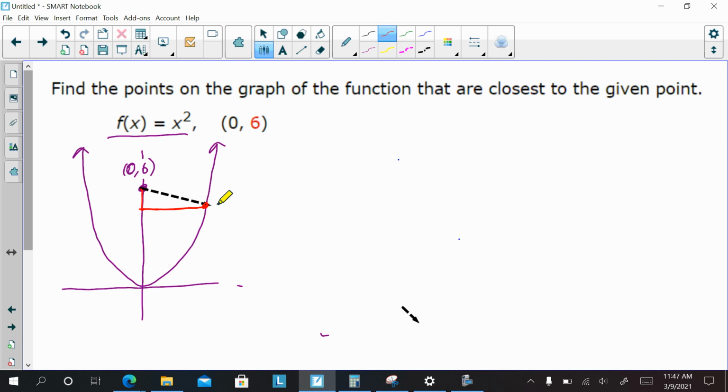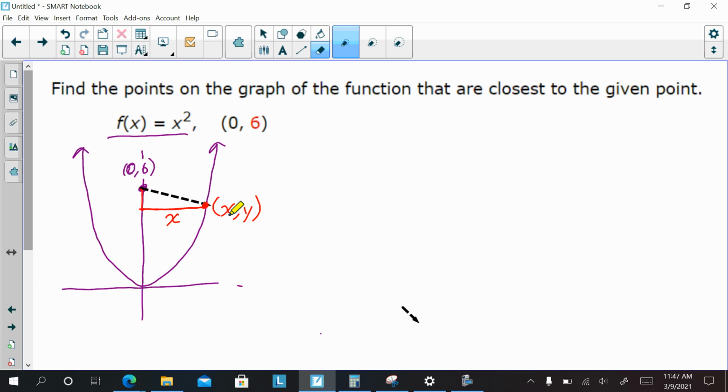This distance here, we're looking for that point which has an x value and a y value. The x value here is just whatever x is. The y value here is whatever we get when we plug that x value into x squared.